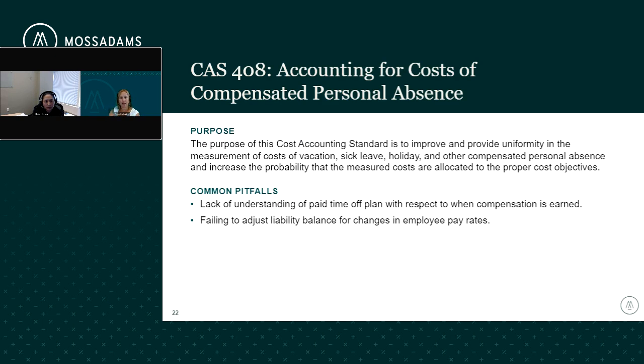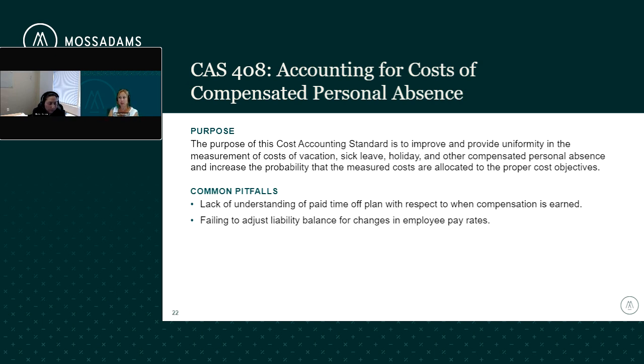CAS 408, the accounting for costs of compensated personal absence. So this is also going to closely align with GAAP. It's a full CAS coverage standard. And really, this is going to relate to the cost of compensated personal absence, such as vacation time, sick time, holiday. And the requirement here is that the contractor assigns the cost to the cost accounting period where that entitlement was earned.